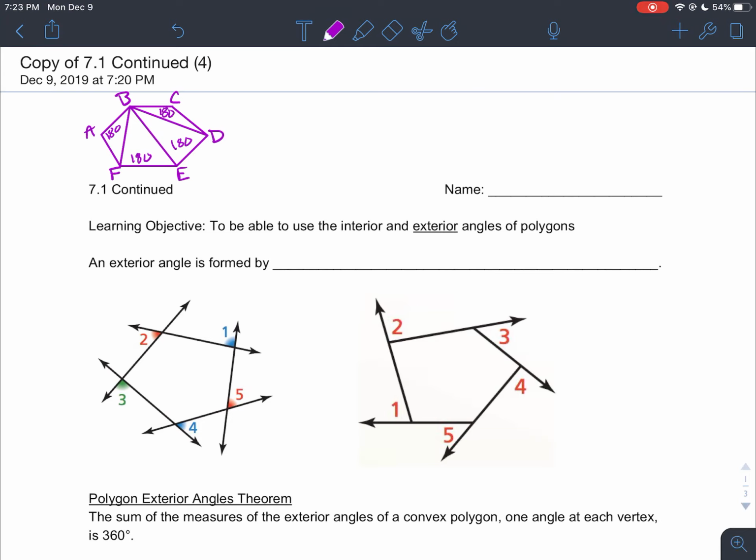So the number of triangles that a figure can be divided into times 180 tells me the number that all 6 of these angles will be adding up to. Okay, so find the sum of the interior angles, or the angles on the inside.